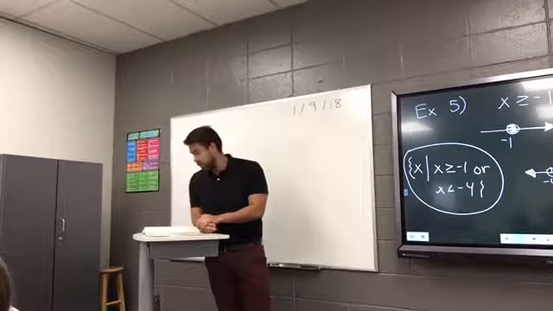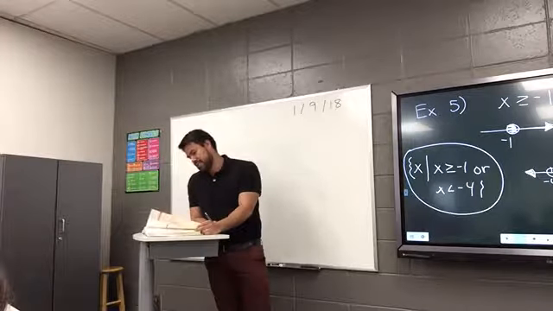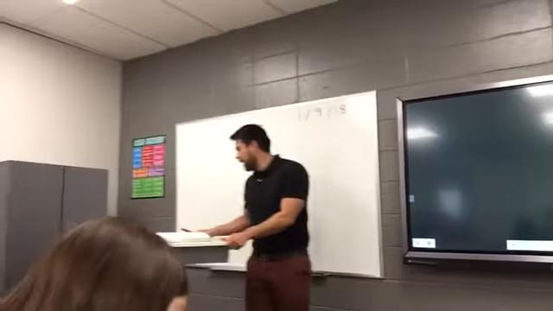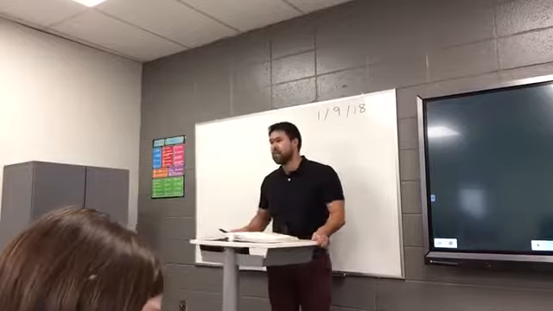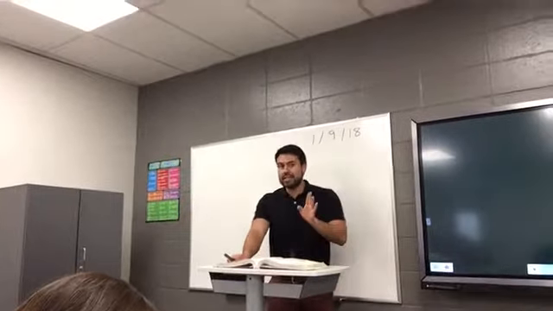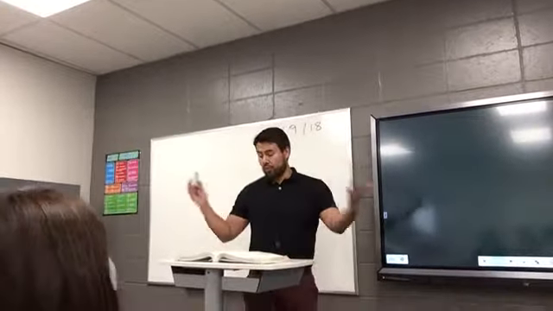Okay, let's go to, I think we can do example 6. What kind of inequality is that? It's a compound inequality. Is it and or or? There's a hint. It's in the problem. It's an or.